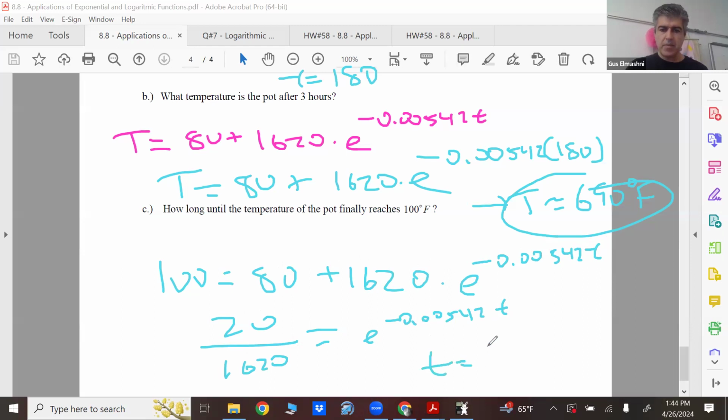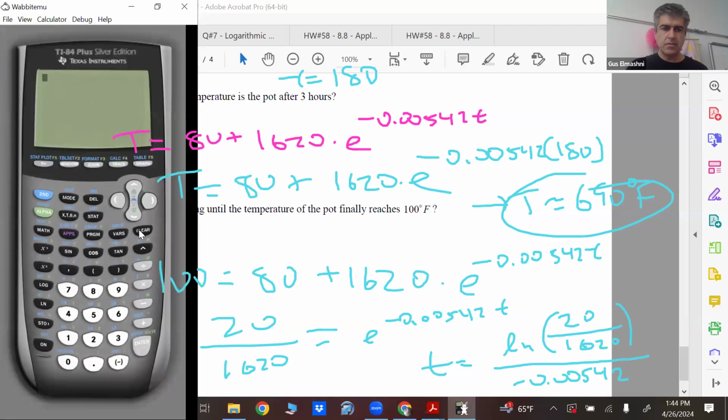So t will be the natural log of all that junk over K. So it takes about 810 minutes.